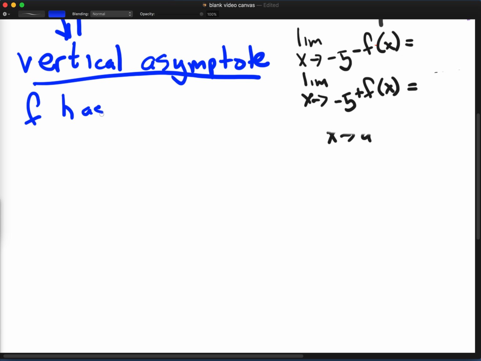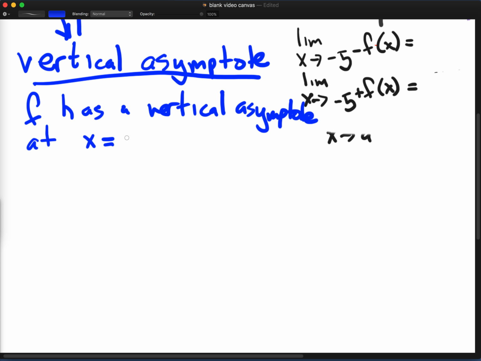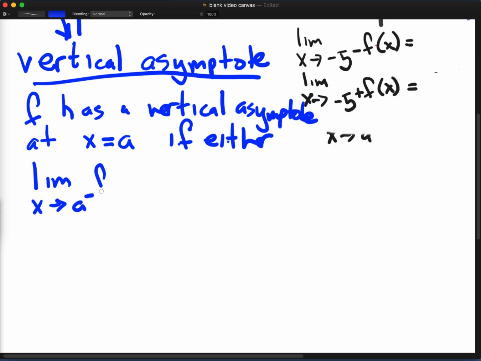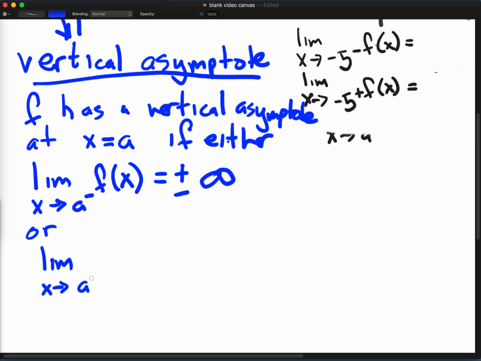f has a vertical asymptote at x equals a if either the limit as x approaches a from the left is equal to plus or minus infinity, or the limit as x approaches a from the right equals plus or minus infinity.